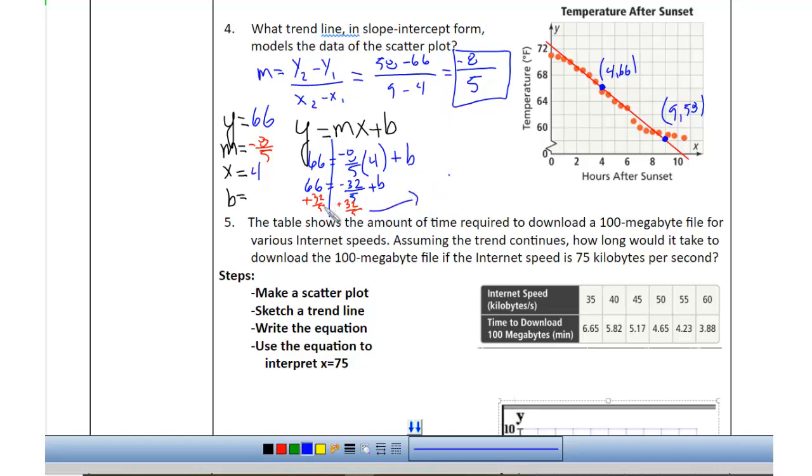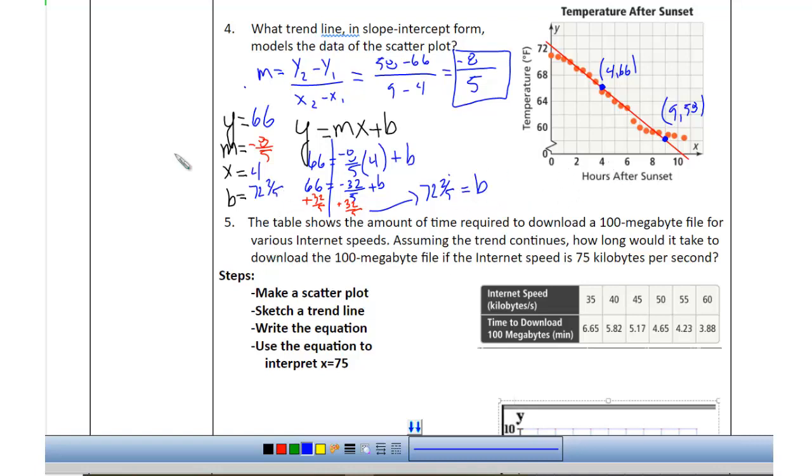So 66 plus 32 fifths. Well, 5 goes into 32 six times, and then we've got 2 remaining. So we'll add that 6 to the 66, which gives us 72, and then 2 fifths remaining. So there's my b value, 72 and 2 fifths.